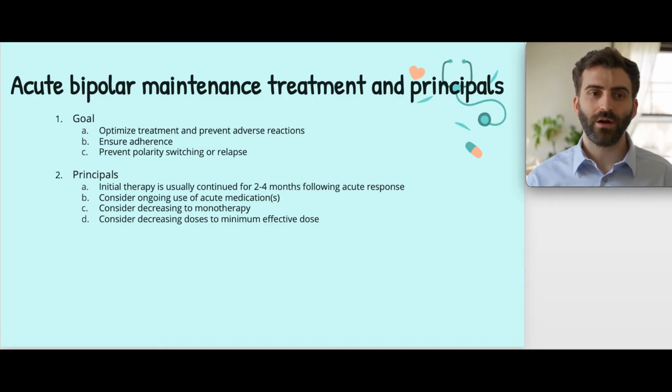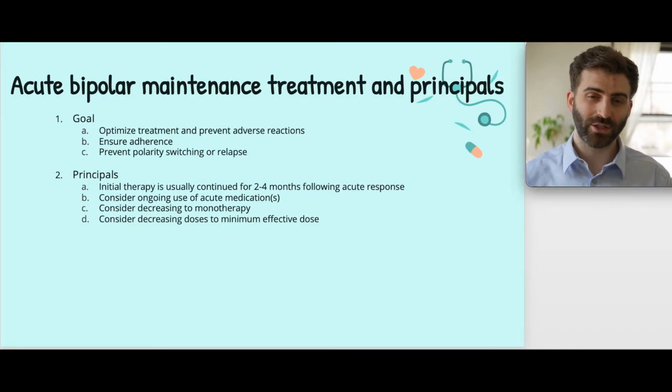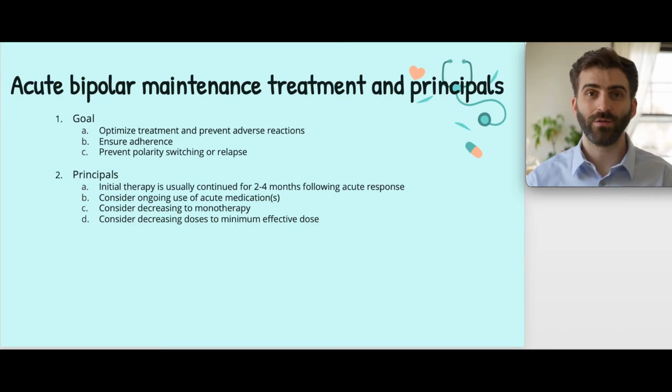Your goals here are to prevent adverse reactions, optimize treatment, stabilize the patient, and prevent polarity switching. So your principles here are generally whatever the patient was stabilized on, you're going to continue for a time period, at least generally a couple of months, 2, 3, 4 months.